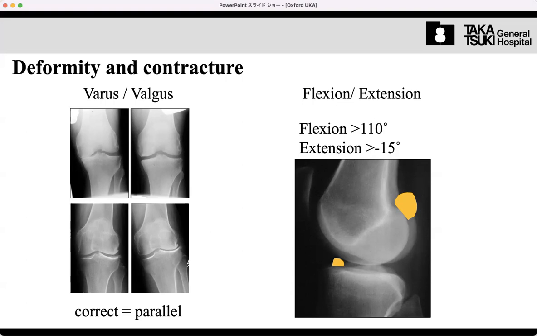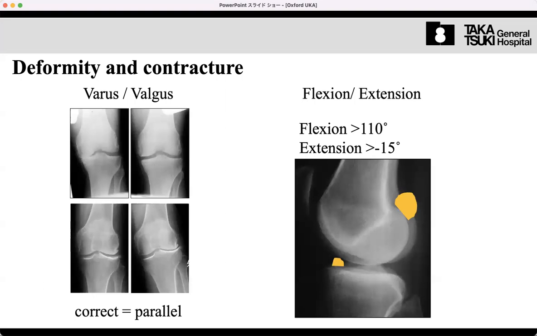So on the lateral X-ray, you should find the osteophyte in the anterior part of the tibial plateau and posterior to the posterior condyle. That implies they make the limitation of flexion or extension.